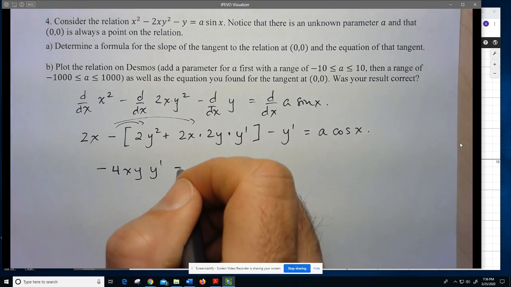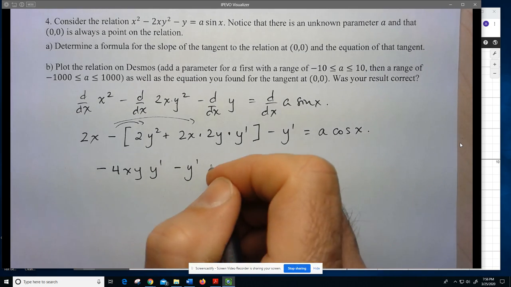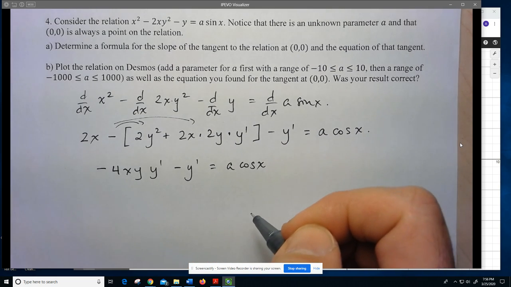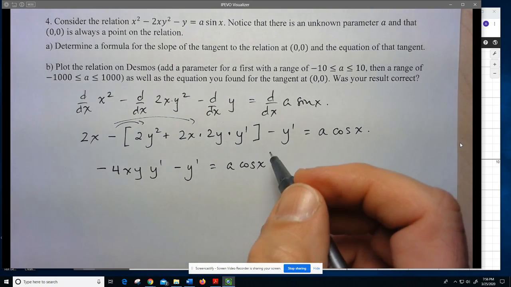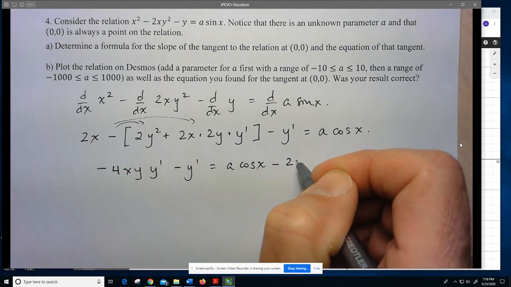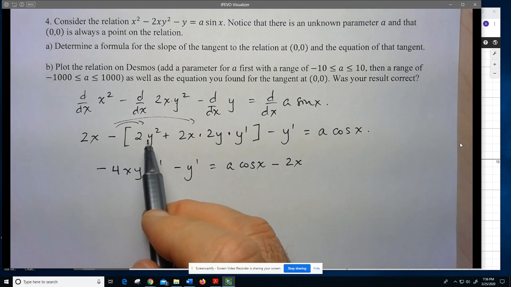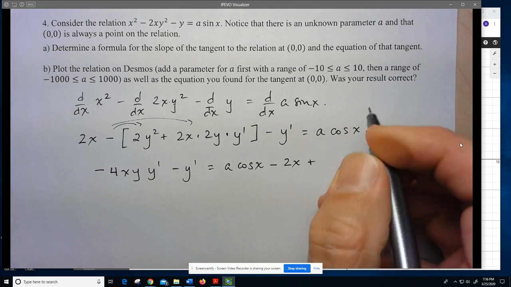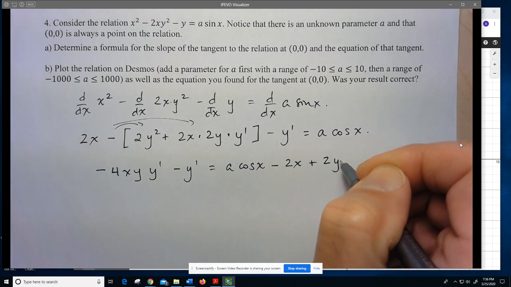I still have this minus y prime equals my a cos x. And let's see what I'm bringing to the other side. I'm bringing this 2x to the other side, so minus 2x. And here I have this minus 2y squared, which I'm going to bring to the other side, so that's going to become plus 2y squared.